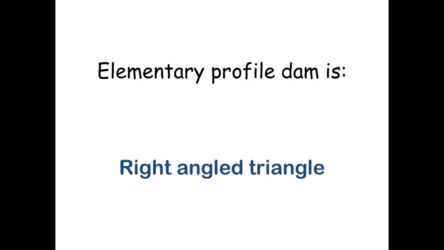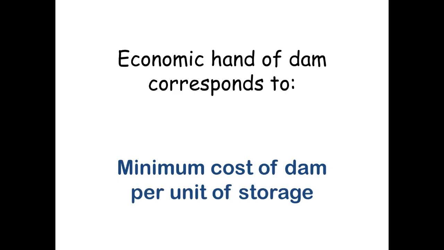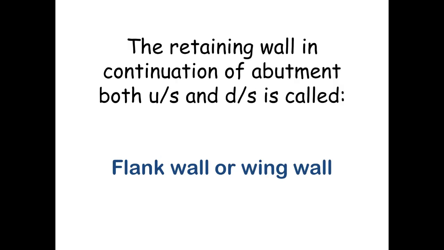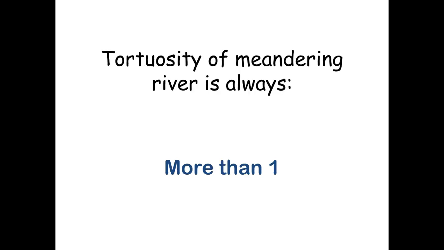Elementary profile dam is right angle triangle. Economic height of dam corresponds to minimum cost of dam per unit of storage. The retaining wall in continuation of abutment both upstream and downstream is called flank wall or wing wall.